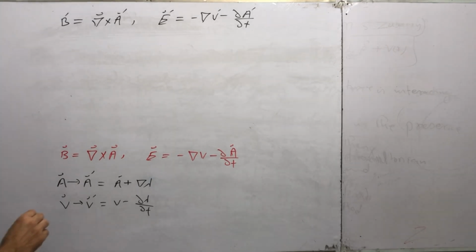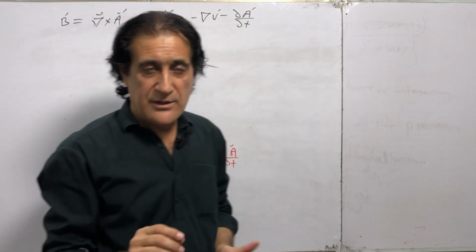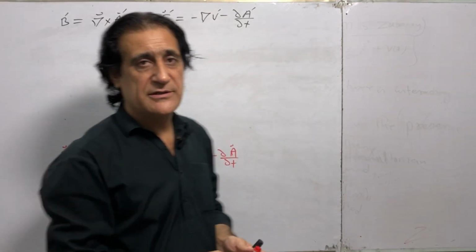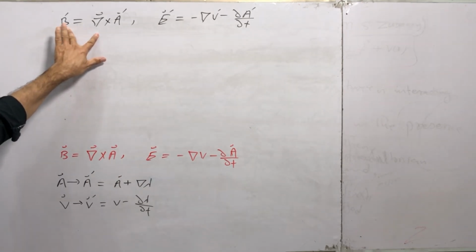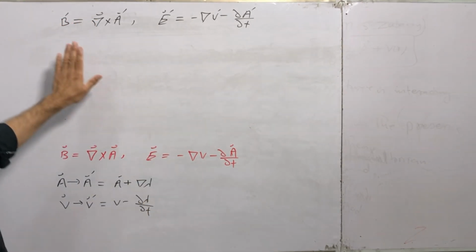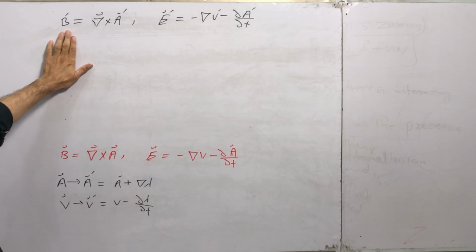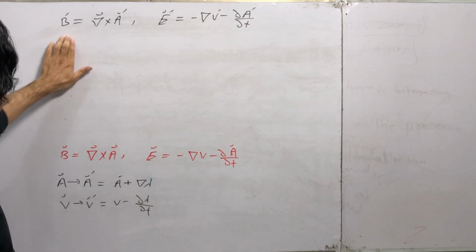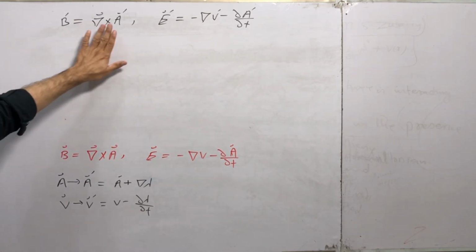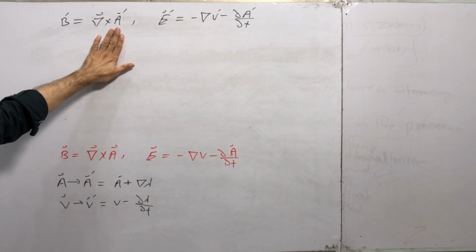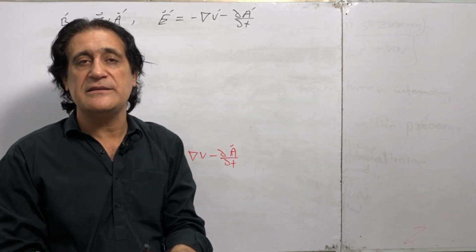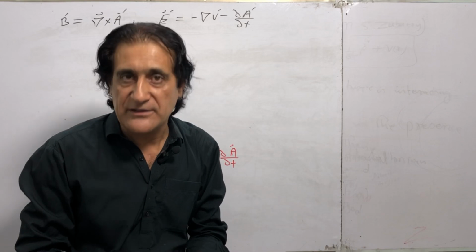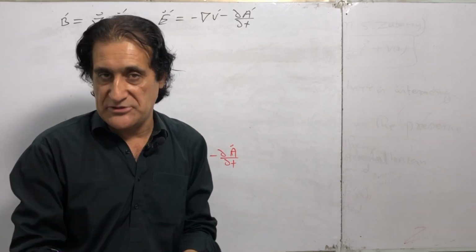We are interested in finding the relation where B prime is equal to B. If we reach this condition, then we can say that if we change the value of the scalar potential and vector potential, no change occurs in the electric field and magnetic field. So this will be the gauge transformation.